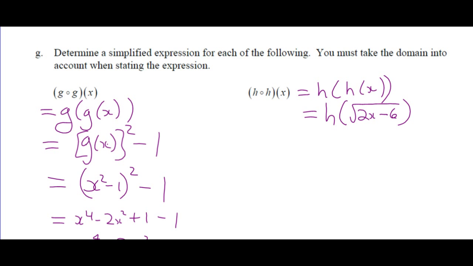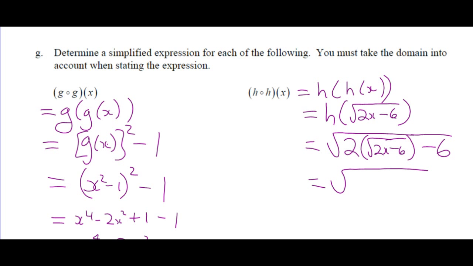So h says take the input, which is this thing, take the square root of it, multiply it by 2, and subtract 6. So it's the root of 2 times the root of 2x minus 6, and this is the 2. It's just 2 times the input and then subtract 6. So that's the root of 2 root 2x minus 6, minus 6.